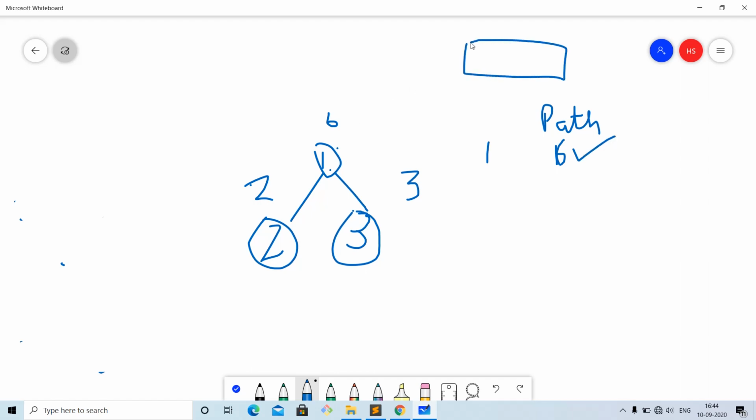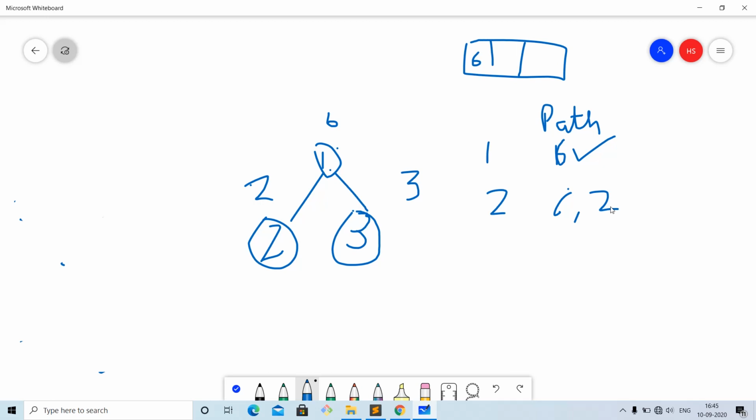That is, in our result array, the answer for the root will always be the number written on the root. Now if we consider vertex 2, the numbers on the path from the root to the vertex are 6 and 2. If we take the GCD of 6 and 2, it is 2.